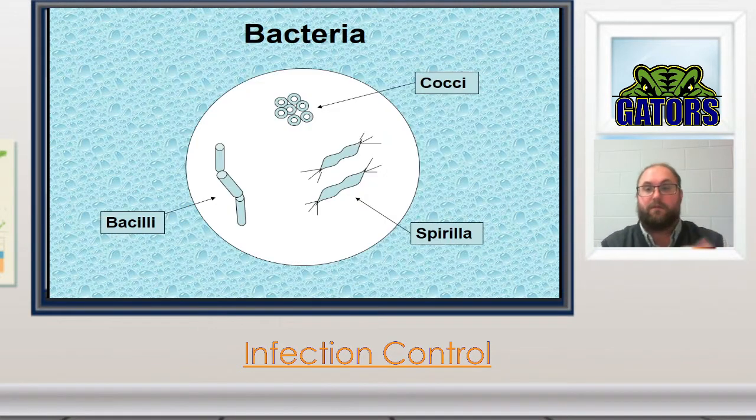What I want you to do is take a minute, and I'm going to give you a minute, and I want you to draw and label an example of a cocci bacteria, a bacilli bacteria, and a spiral bacteria. Just sketch it out.